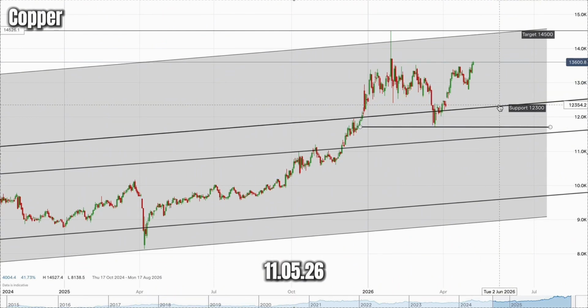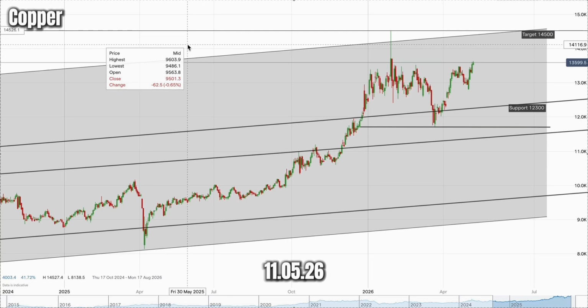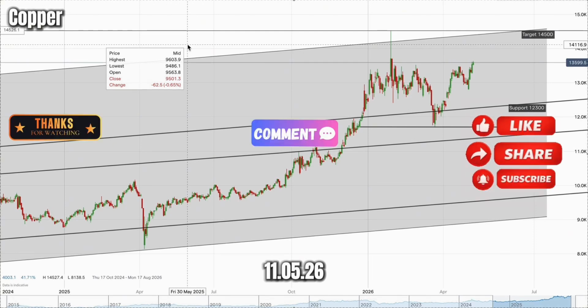If it does break this upper trend support line, we have a bigger support around the 11,700. So again, it's something to just keep an eye on. I don't see it getting there anytime soon, but you never know. But as long as we know, and if it does go through, we know we've got major support around the 11,500. If you like, that will conclude the chart for copper today.